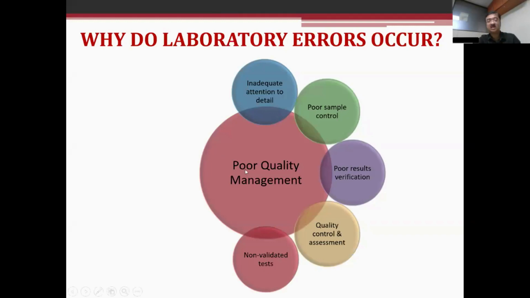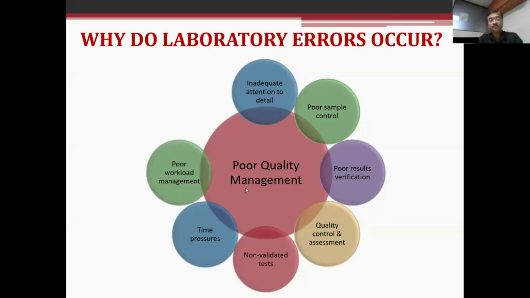Then non-validated tests, that is very important. You have to use those tests which are validated. Without validation, the test usually doesn't give the right result. Time pressure is a very important factor, particularly for a busy, heavily loaded laboratory.